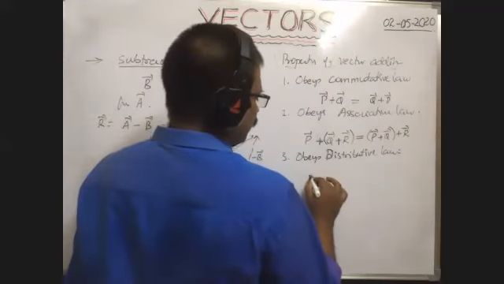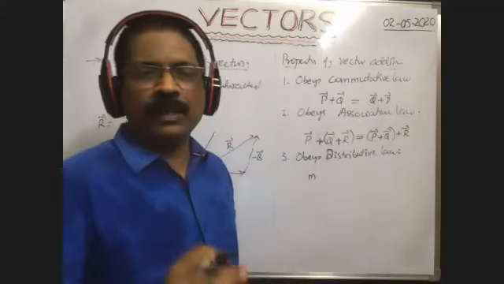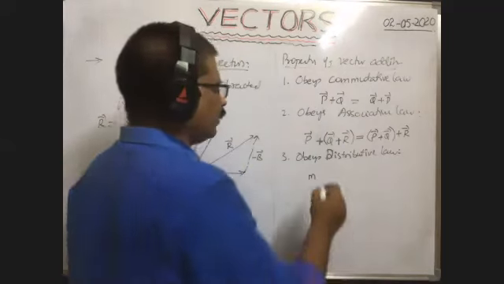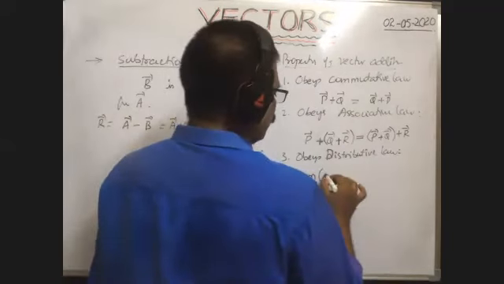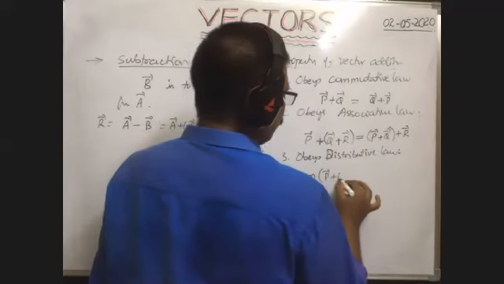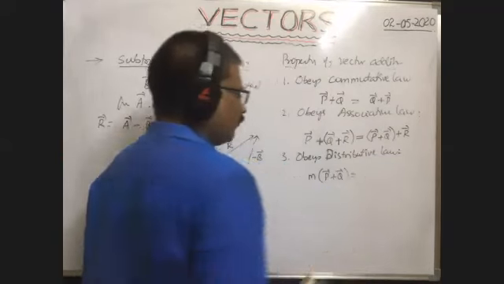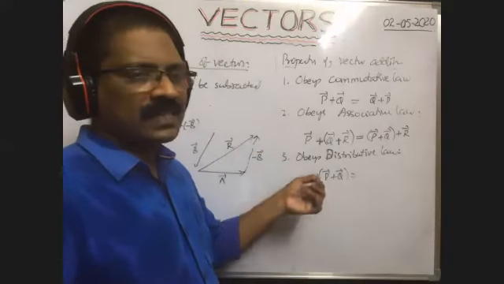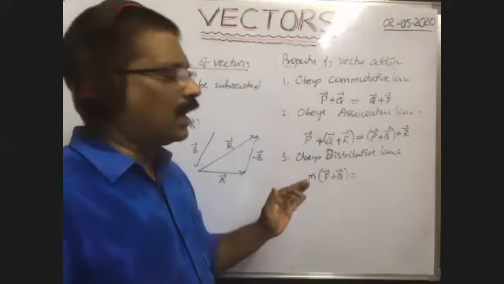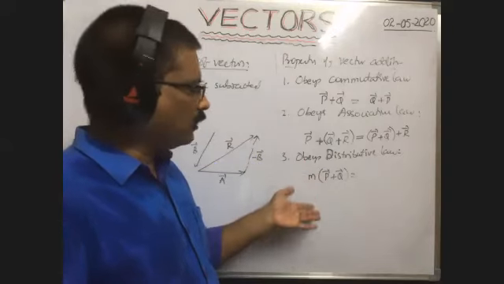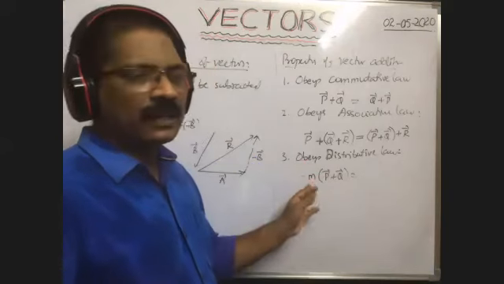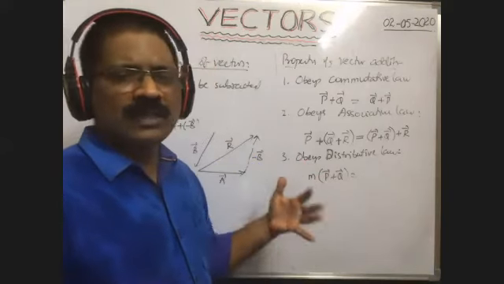Suppose M is a scalar. M is a scalar means it is just like a number. When you multiply P bar plus Q bar with a scalar M, just as in ordinary multiplication, we can multiply P bar and Q bar with scalar M. Scalar M means that may be 2, 3, 1 by 3, whatever it may be.